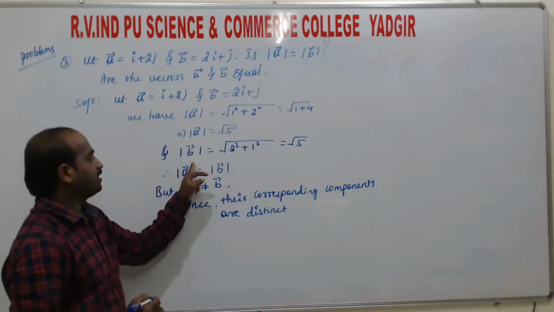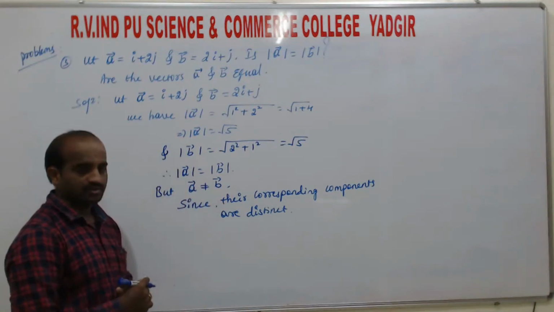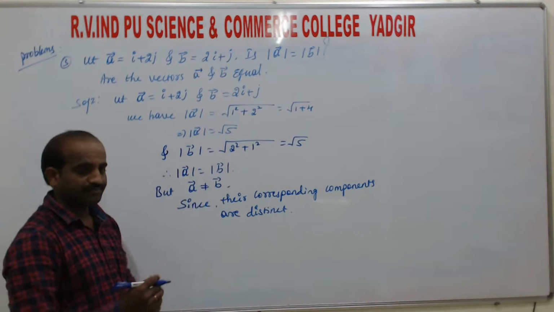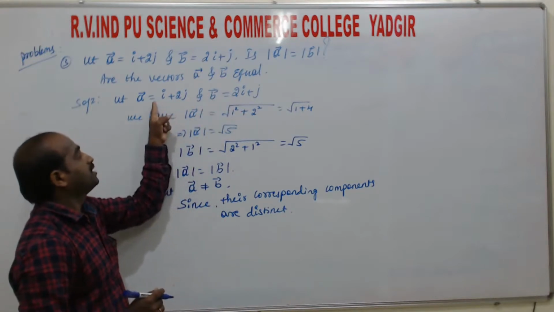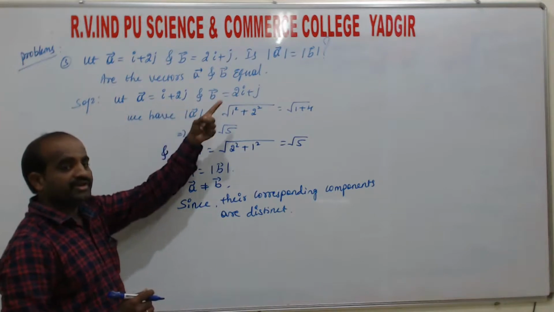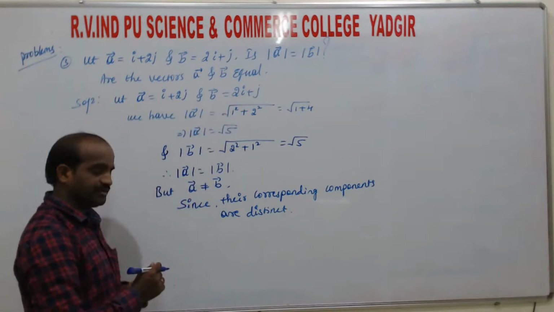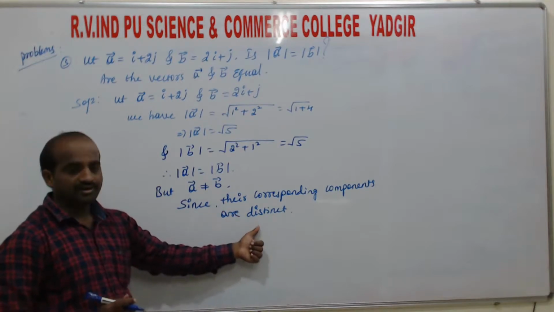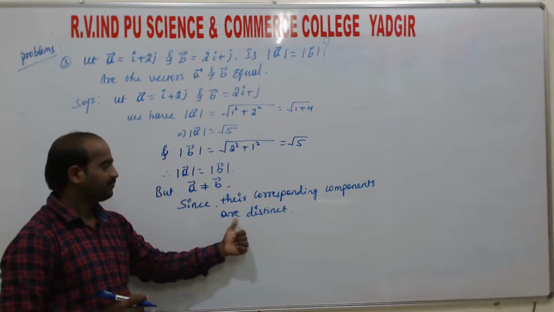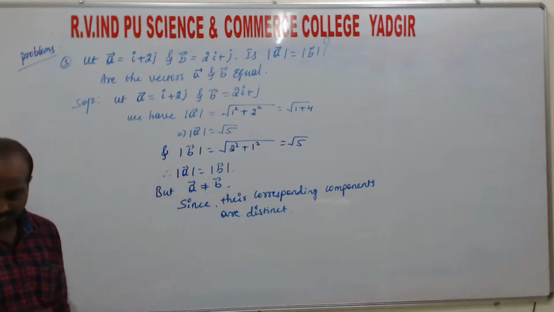The magnitude of a equals the magnitude of b, both are the same. But a vector is not equal to b vector. A vector is i plus 2j, but b vector is 2i plus j. Their corresponding components are distinct. This is the answer.